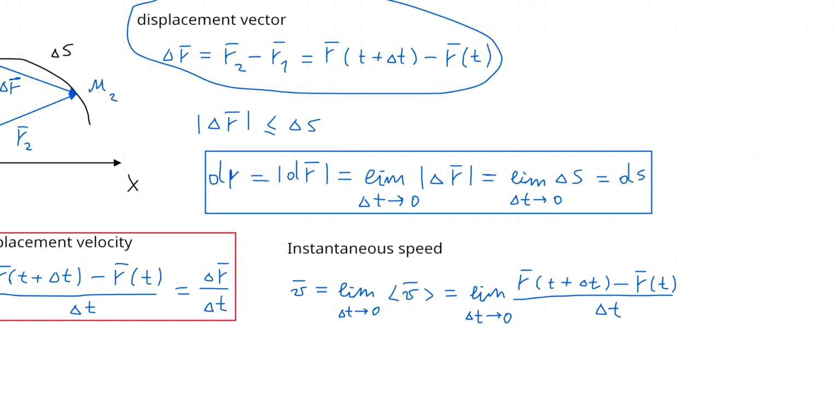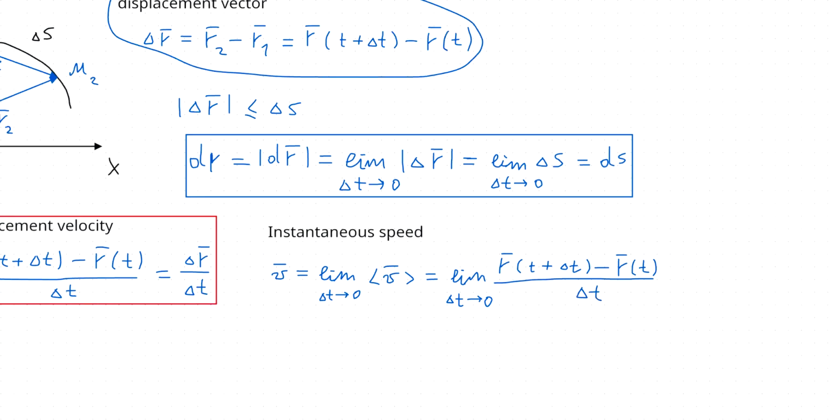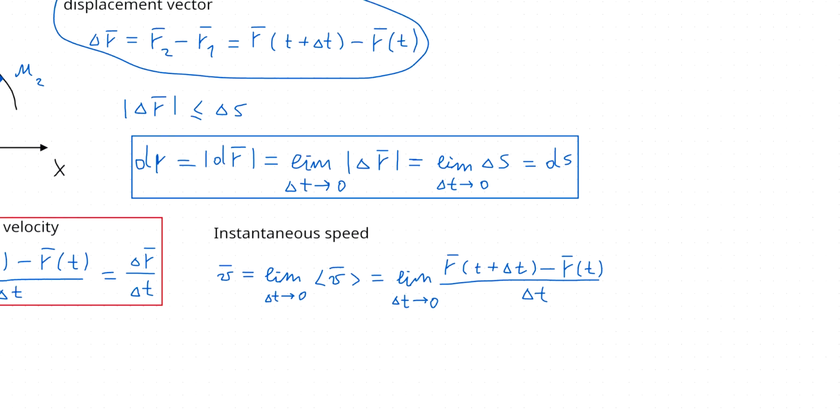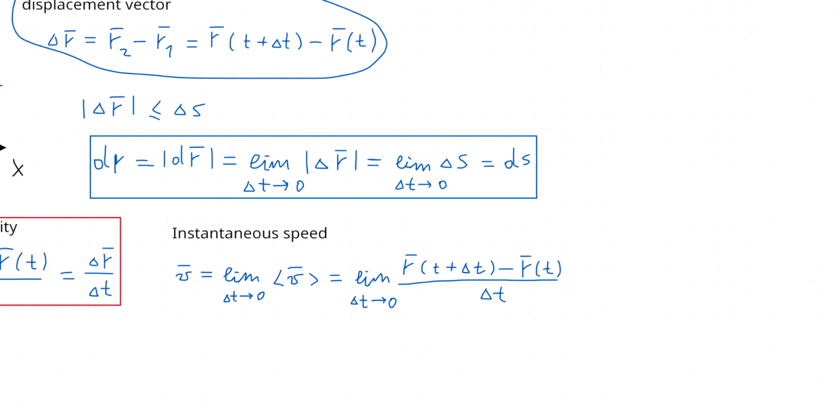And as you can remember from your calculus course, here we have the definition of a derivative. So it is the derivative of the radius vector, which can be written as this fraction.